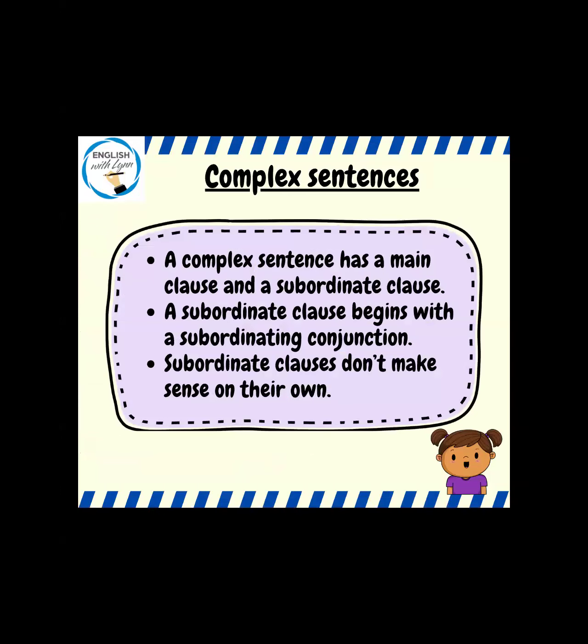complex sentence. And your complex sentence is made up of two different bits. You have a main clause that makes complete sense on its own. You then have something that is called a subordinate clause. And a subordinate clause begins with a subordinating conjunction.